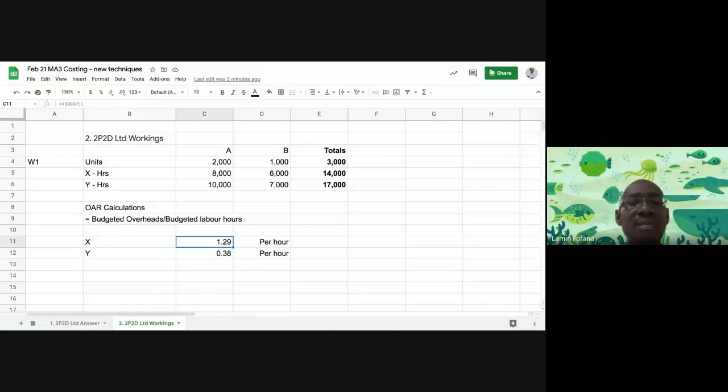Is that clear, everybody? So in Department X, for product A, what is the actual activity level? Look at the question.